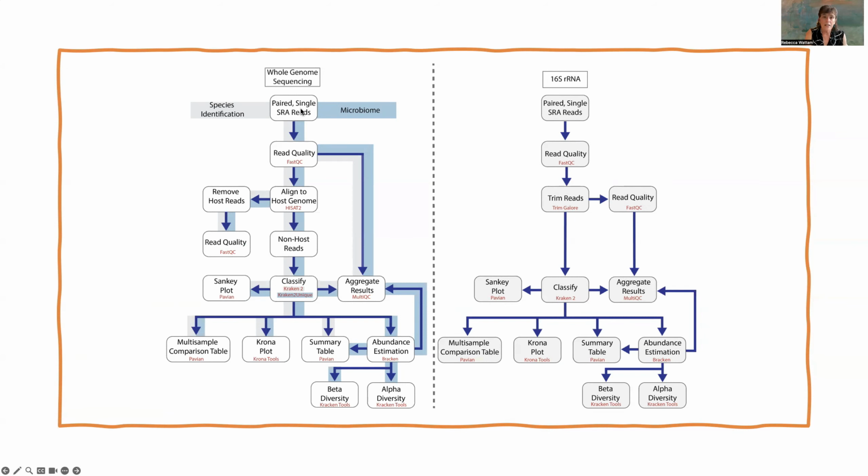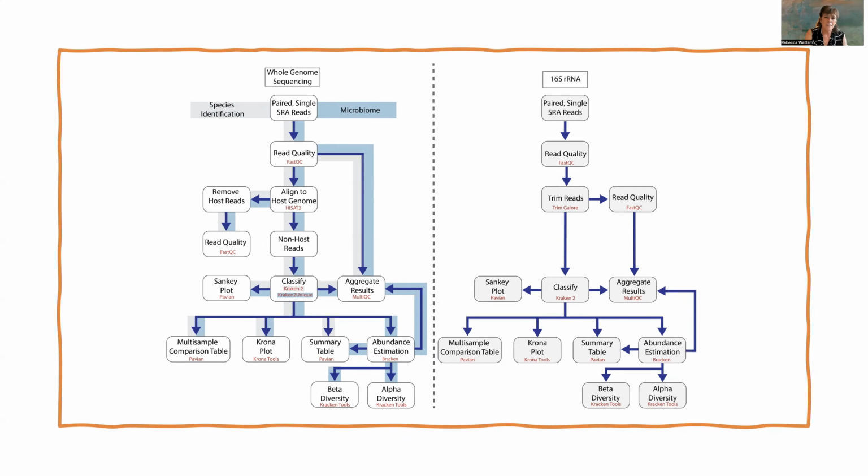Either paired like Illumina, single like PacBio or Oxford Nanopore, or you can load the run numbers from the Sequence Read Archive, which is what we'll be doing today. The first step, for those of you who are computer scientists, gives you a FastQC report right away. So actually you don't need to use FastQ utilities, but we're going to do that anyhow in other parts of the exercise.